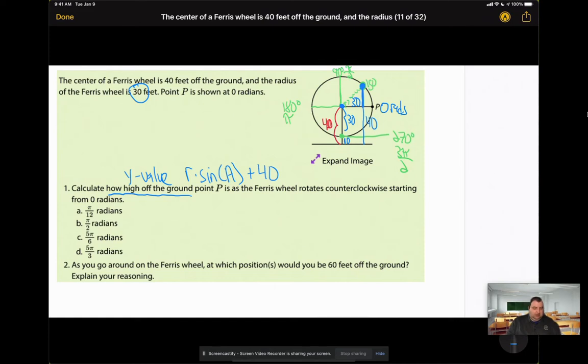So in Desmos, I'm going to do 30 times sine of pi over 12 radians, and then I'm going to add 40 to it. And whatever that is, that will tell me the height at pi over 12 radians.